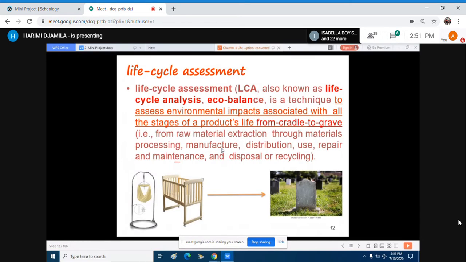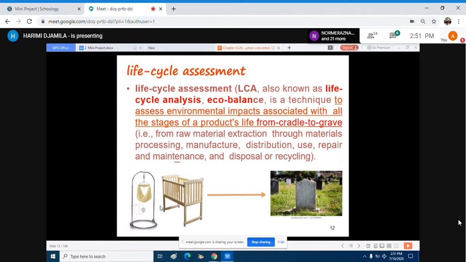Okay, we continue about the explanation linked to life cycle assessment, which is the first part of the ISO standard relevant to life cycle in general. So life cycle assessment, which is linked mostly to the environment, also known as life cycle analysis or ecobalance, is a technique to assess environmental impact associated with all the stages of a product's life from cradle to grave.